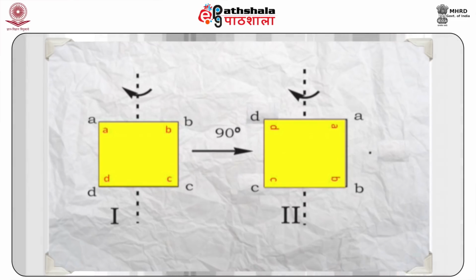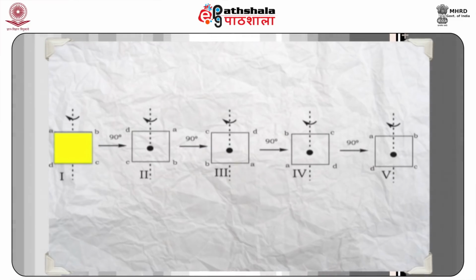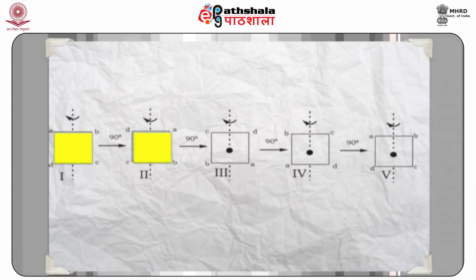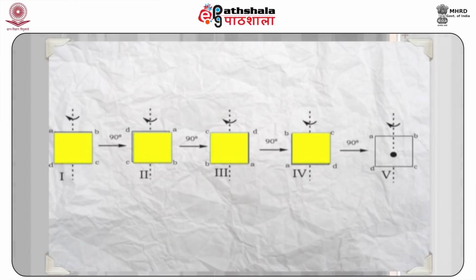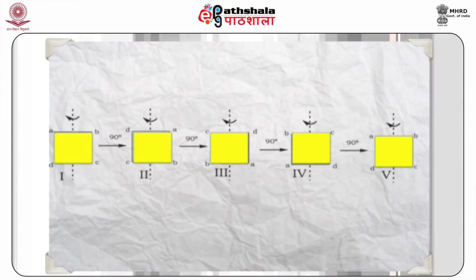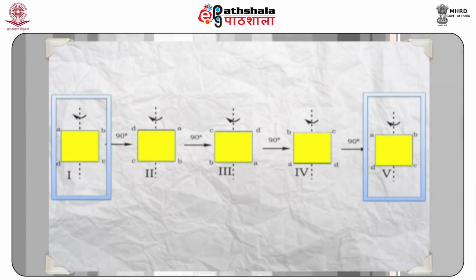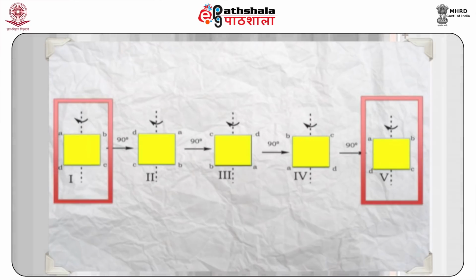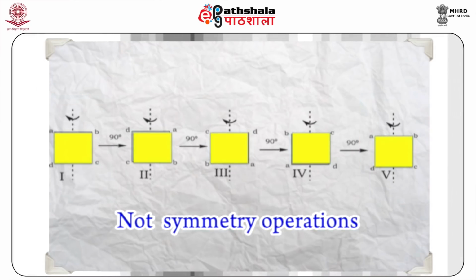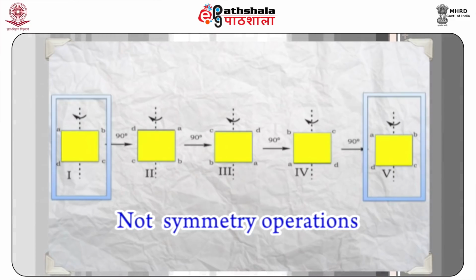Continuing with successive 90-degree rotations, we get configuration 1 changing to 2, to 3, to 4, and then 5. Note that out of all of these, only configuration 5 is identical to configuration 1. These rotations or movements are not truly symmetry operations.